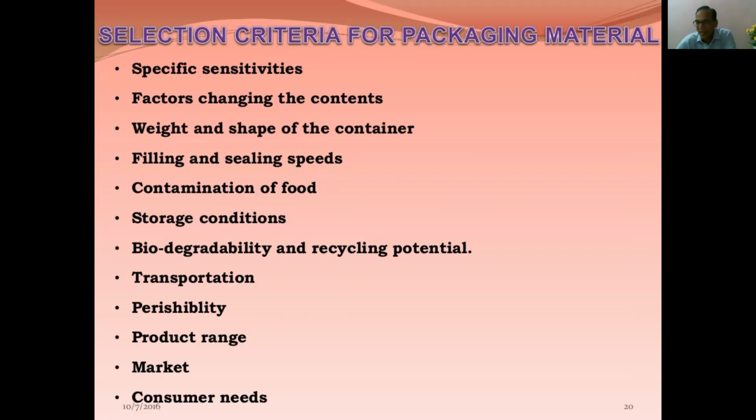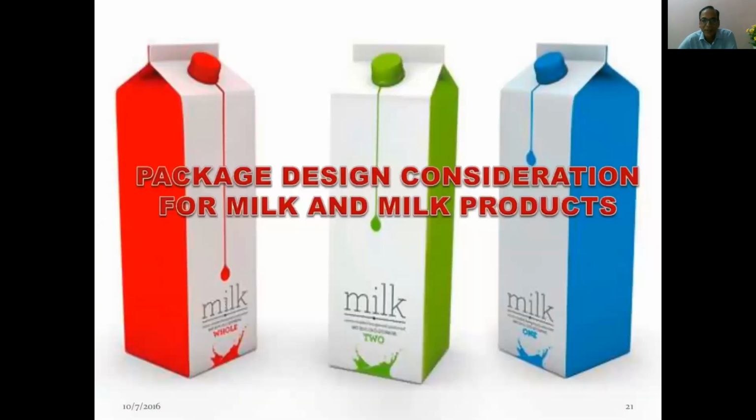Selection criteria means you have to consider from each and every angle. It should be eye-catching also. It should not pose any threat to the environment. So all those are the selection criteria. You can see package design considerations for milk and milk products, which I am going to discuss. See how nicely these Tetra packs look. They have a lid opener, from where you can take out the material safely.